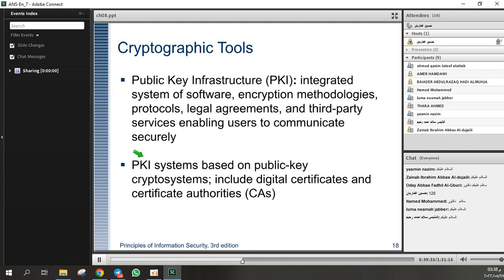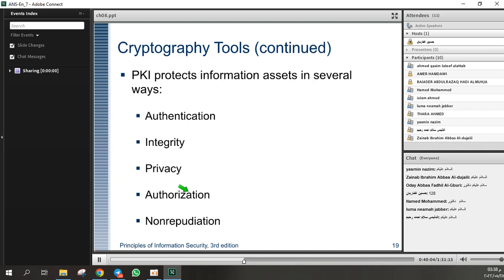In PKI systems, they are using public key crypto systems, including digital certificates and certificate authorities. Digital certificates prove the identity of systems, and certificate authorities prove the access to different systems.